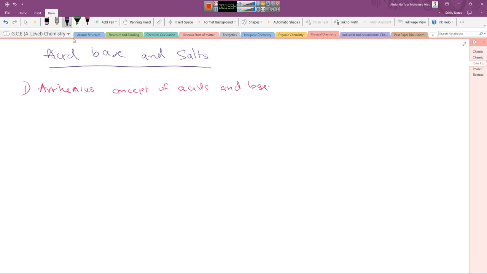Arrhenius is a scientist who came up with this definition for acids and bases. He said acids are the substances that dissociate in water to give hydrogen ions, and bases are the substances that produce OH minus in the solution, right? So let me write down the definition.